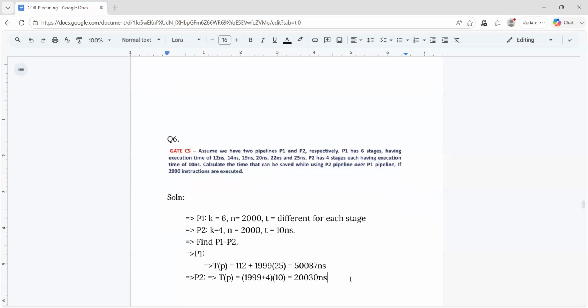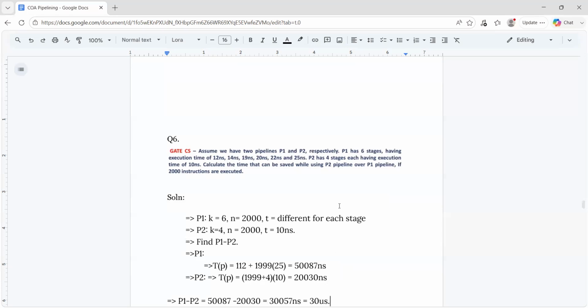So what is the time difference? Like how much time will be saved by using P2 over P1? That is found by simply subtracting P1 minus P2, which is 50087 minus 20030, which is around 30057 nanoseconds, which we can also say as 30 microseconds.